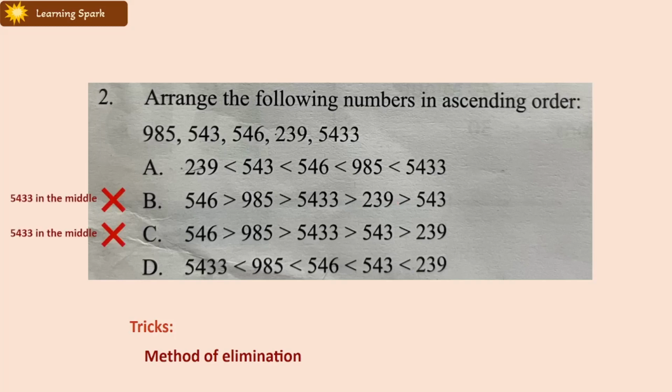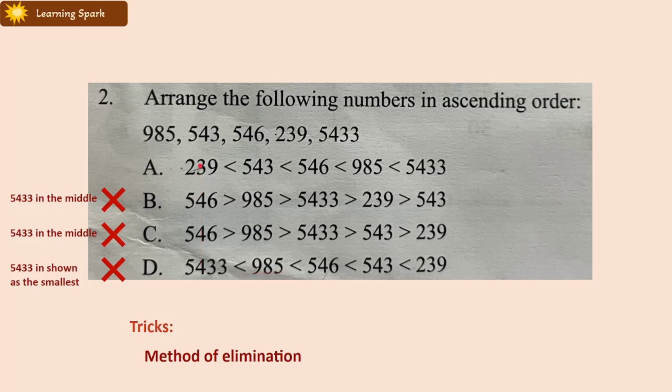For example, option B and option C both are saying that 5433 is in the middle, right? 5433, the largest number, is in the middle. So this cannot be the right sequence, okay? Now coming to option D, this can also be eliminated because 5433 is shown as less than 985, which is also incorrect. So these three are incorrect.